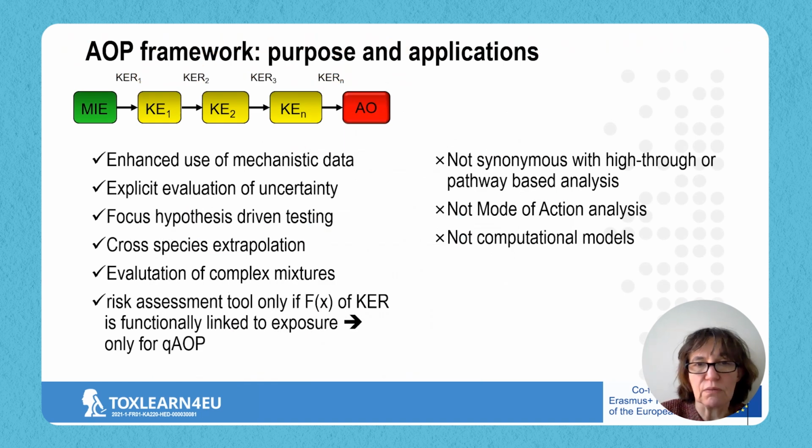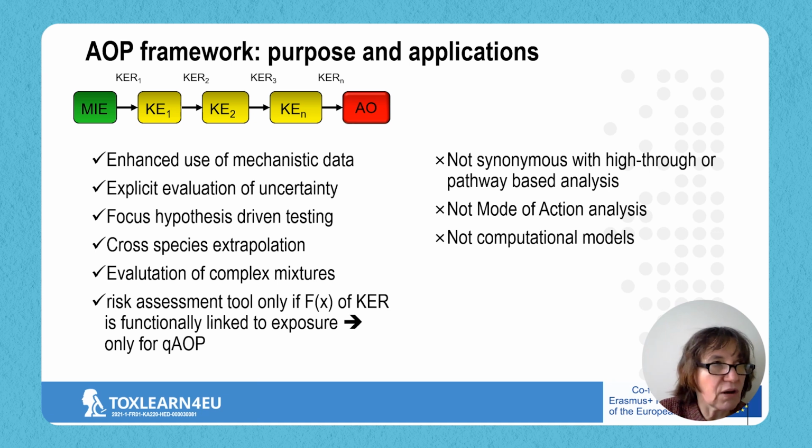So if we conclude a little bit, our adverse outcome pathway is a framework that has different purposes and applications. It can be used to enhance the use of the mechanistic data available, and it can also look at the uncertainties of certain adverse outcome building blocks, so the different key events.